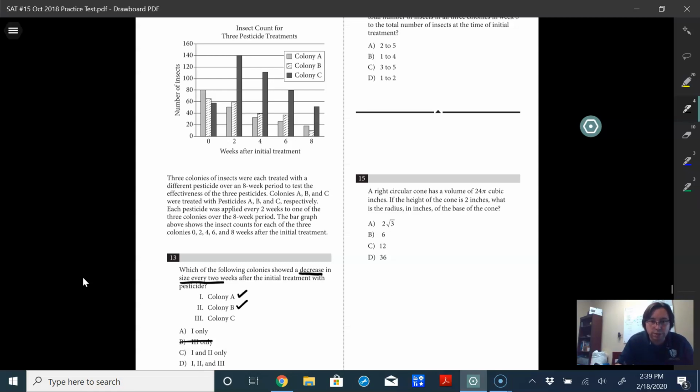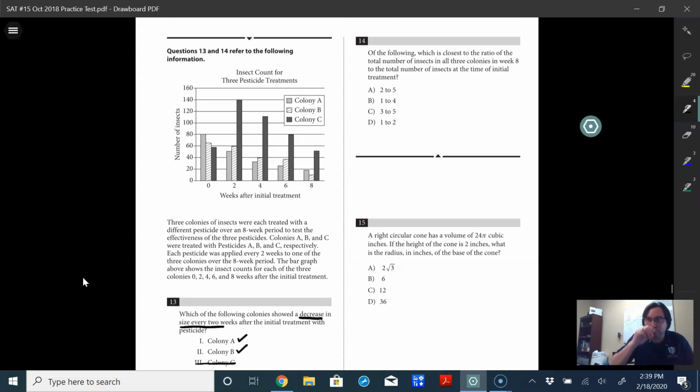So for that reason, A is out, and now we're trying to decide whether 3 is good, or is colony C good here? And colony C we see here, and then it jumps up. So of course, yeah, then there's a drop, but that's after a couple weeks of treatment. So that C is not good. So the answer choice here is C, and D is incorrect.